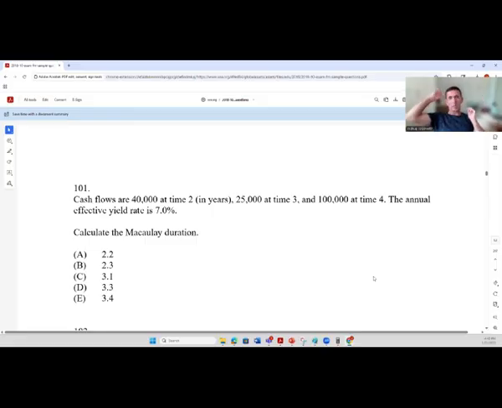So this example here, 101, is part of the SOA sample question PDF, right here. But you're not going to see a problem like this on Exam FM. This is way easier than what you would see. So don't do this problem and think, oh great, I'll probably see this on Exam FM.